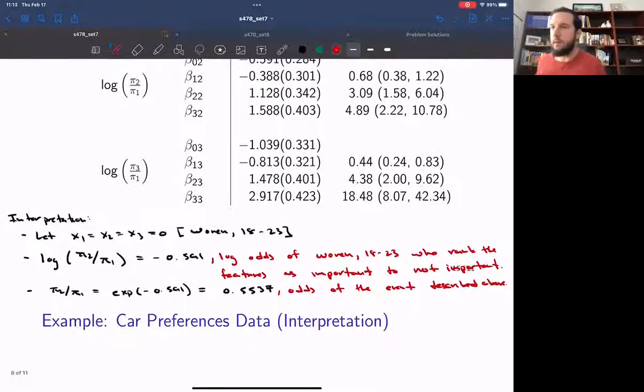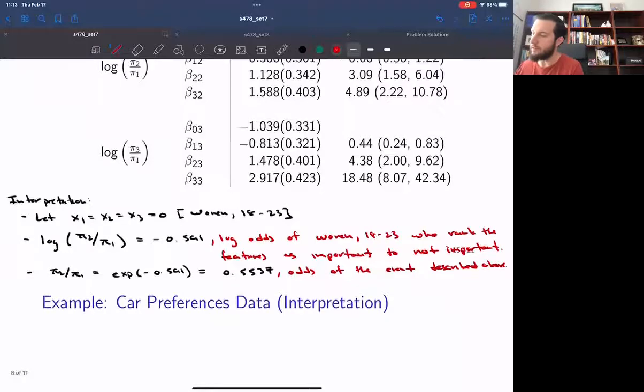Right, and we can do the same thing for very important with reference to no/little importance. So in that situation, we could just take log of pi 3 over pi 1. And then if we set everything equal to 0, we're focused on women in the 18 to 23 age group. Okay, so we can continue to use this preliminary structure of the model to find the log odds and the odds of particular events.